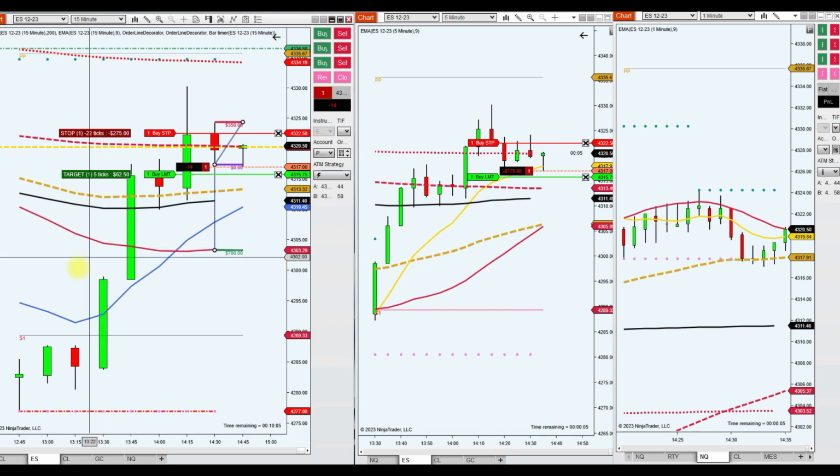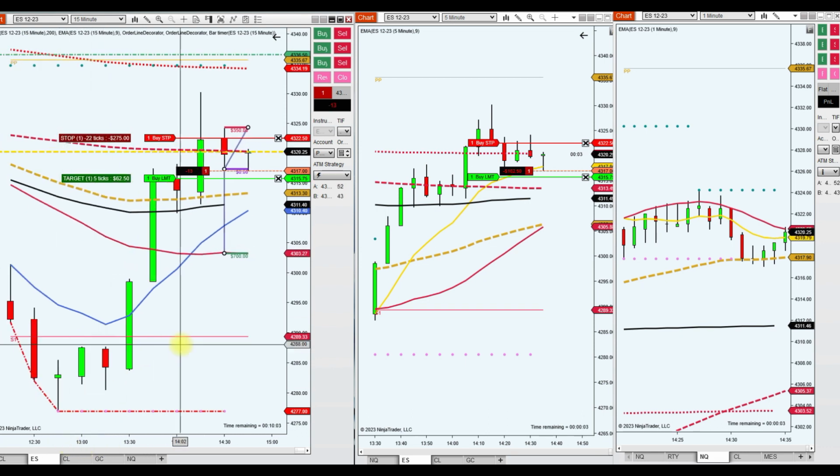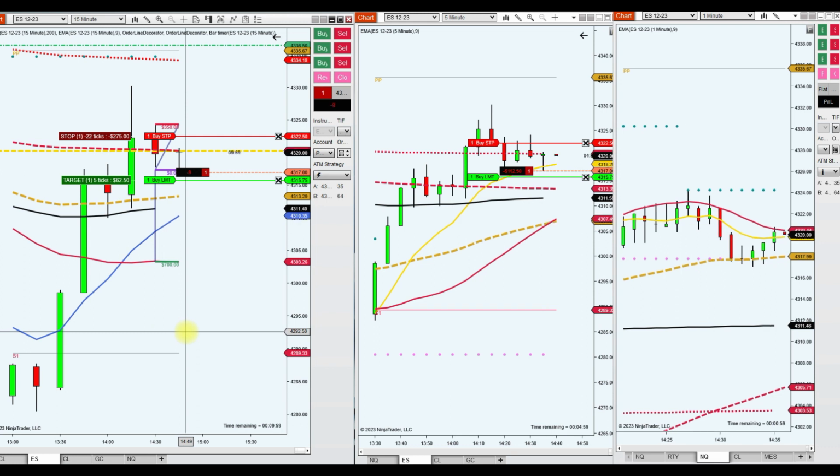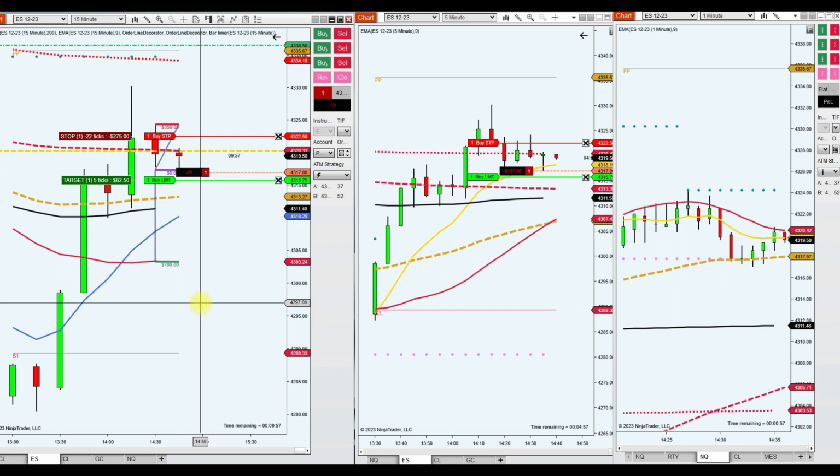Yeah, I would definitely have to figure out something with this, because I don't know that I would be comfortable with this large of a stop. Even before the summer, my stop was usually at 10 ticks. So I would have been stopped out of this trade for certain.